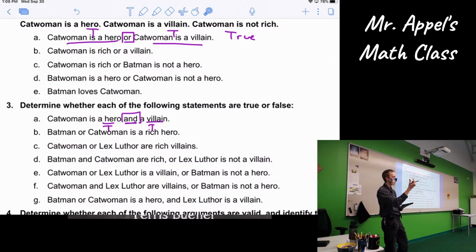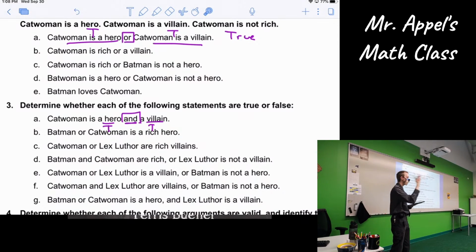So you need to find the and, compare both sides, and you might have a side that is not a full written statement, right? This half, and a villain, is not a separate sentence. It itself is technically not a statement, but it is representing the full statement. Catwoman is a villain.